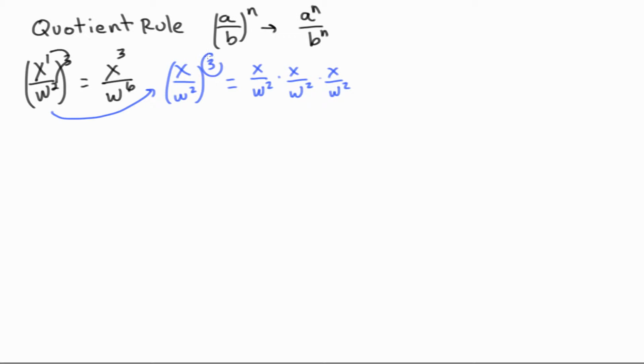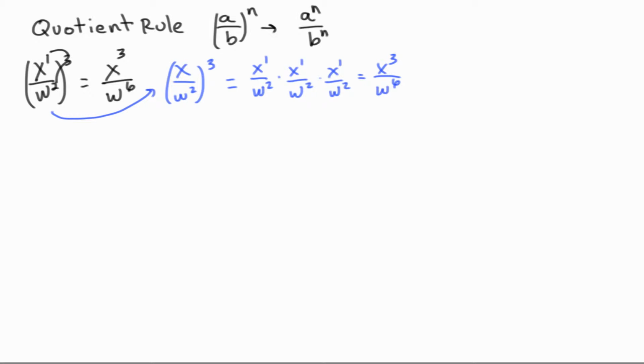That's what this exponent tells me. And then I can see that I have 1, 2, 3 factors of x. And then how many factors of w do I have altogether if I add them all up? That's right, 6, which is the same answer.